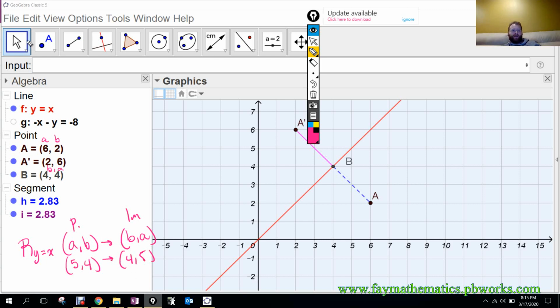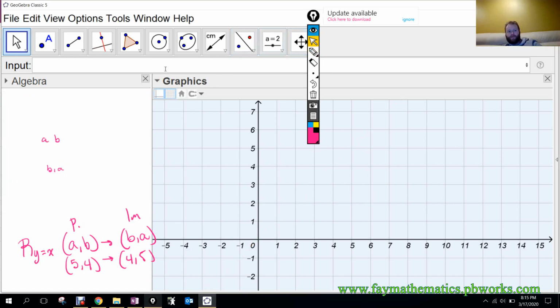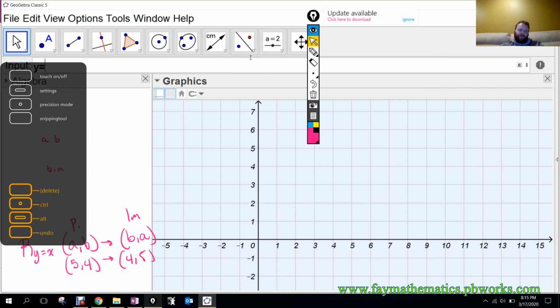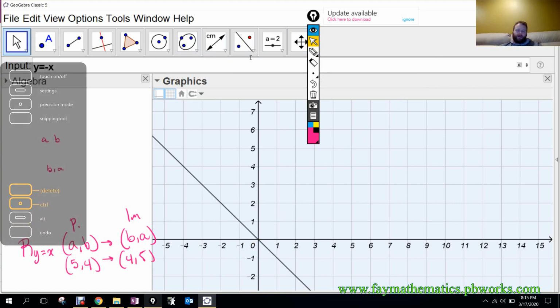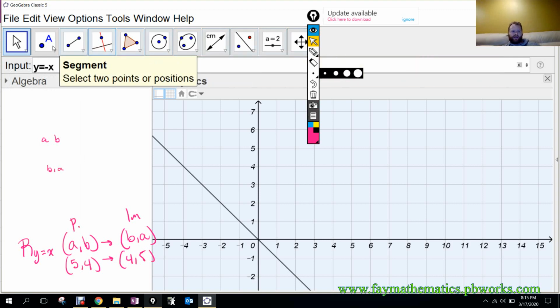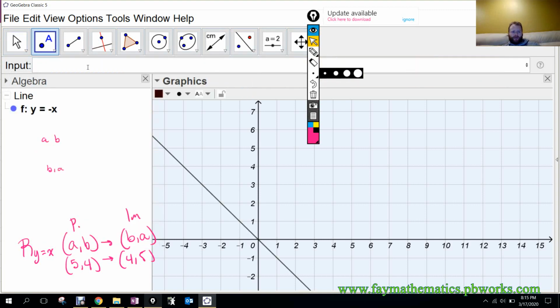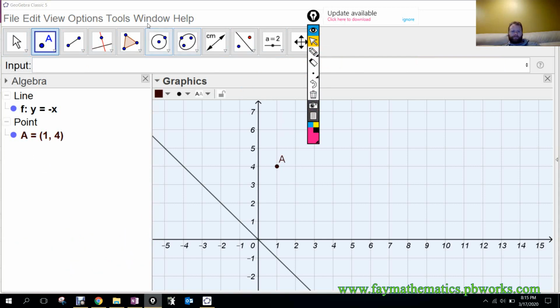Same thing really happens if I go across the line y equals negative x. Let's see here. There's a line y equals negative x. Let's just do this quickly. Take a point like 1, 4. And if I reflect 1, 4 across that line y equals negative x, you see that they flipped again, but now they both become negative.